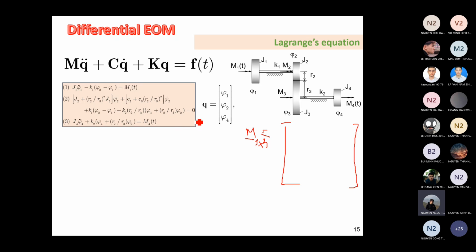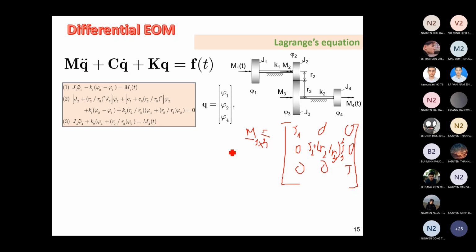Read the right row and column for me. First is J1, and then 0, 0. For the second row: 0, then J2 plus J2 times R2 over R3 squared, then 0.